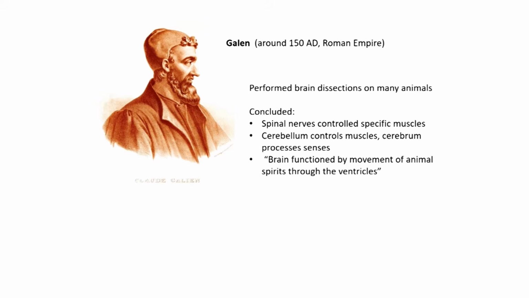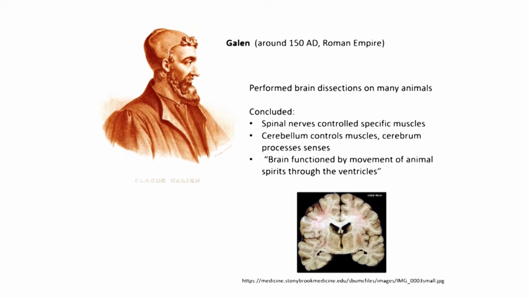So he also concluded that the brain functions by the movement of animal spirits through the ventricles. If you look at the cross section of a brain, you will see some holes as seen here. These are the ventricles.